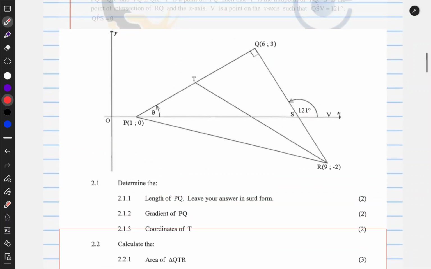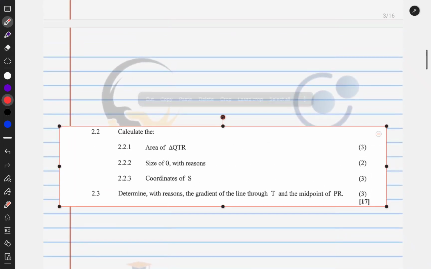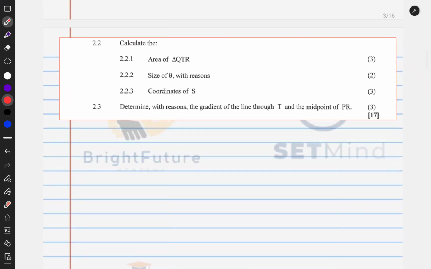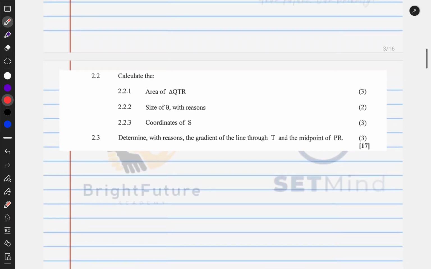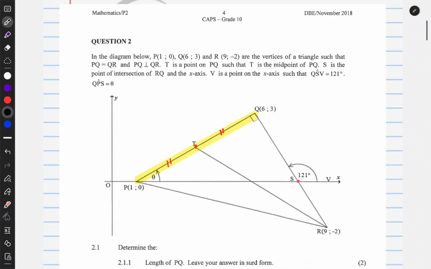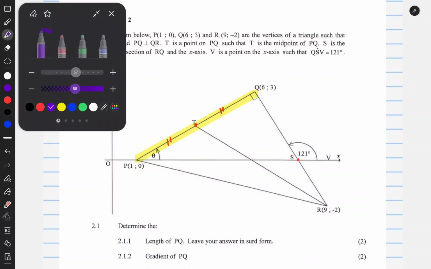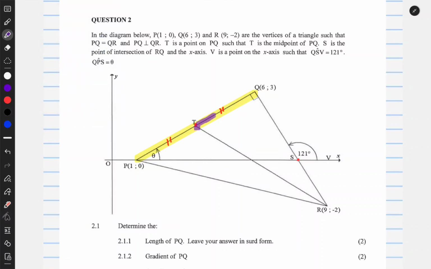We can also drop this, and just be left with 2.2. We are asked to calculate the area of QTR. Let's quickly highlight the triangle QTR. QTR is going to be this triangle, that right angle triangle.